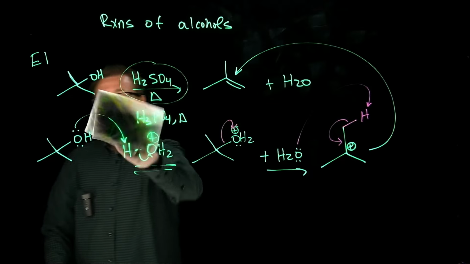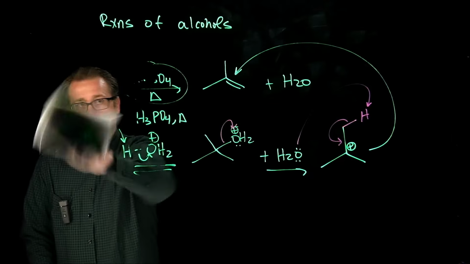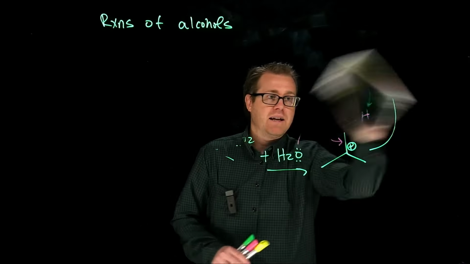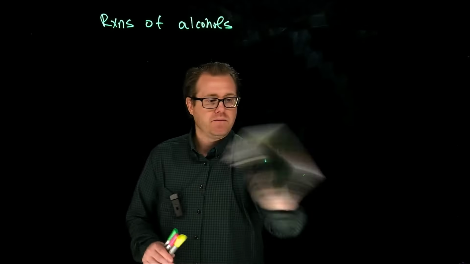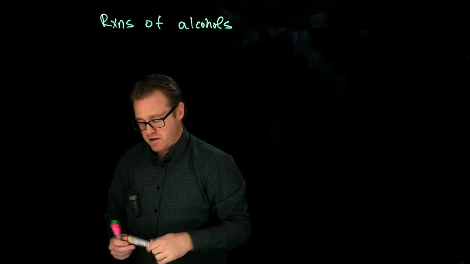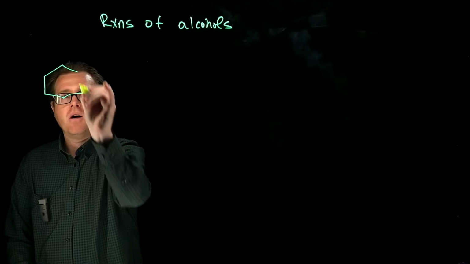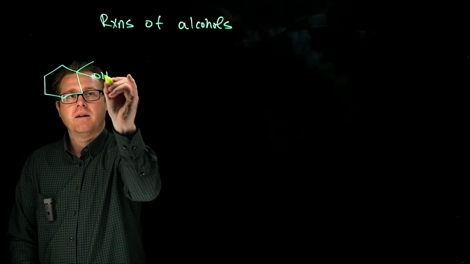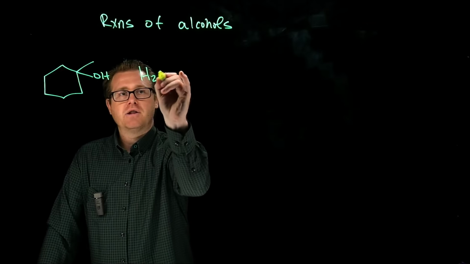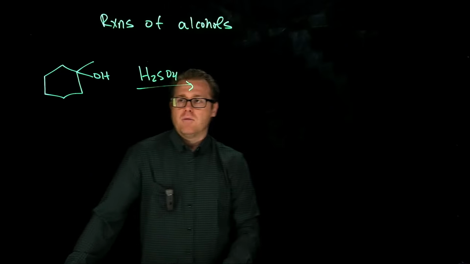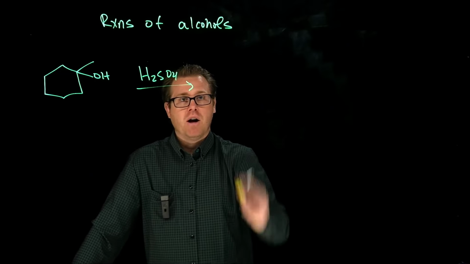Now, let's use our orgo knowledge, what we've seen before, and principles that we know. Based off of knowing the mechanism here, if we take this tertiary alcohol right here and treat it with H2SO4, which is going to be the major product?